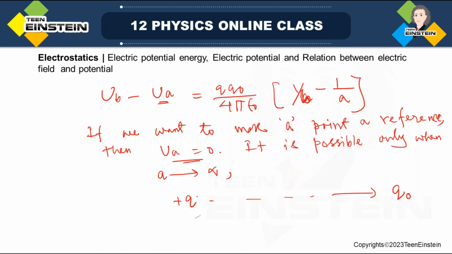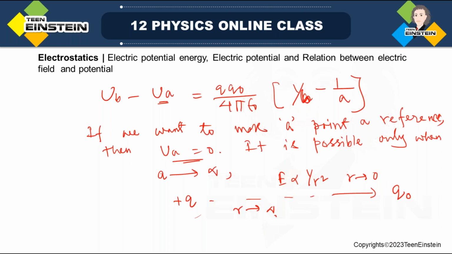This electric field will not be affecting q0 anyway, and that happens only when r is infinity. Because electric field is inversely proportional to the square of the separation, if r is infinite, then electric field also will be 0. Therefore, the reference in case of electrostatic force field is taken at infinity. In case of gravitational force field also, the reference has been taken at infinity, where there is no attraction felt by one mass from the other.